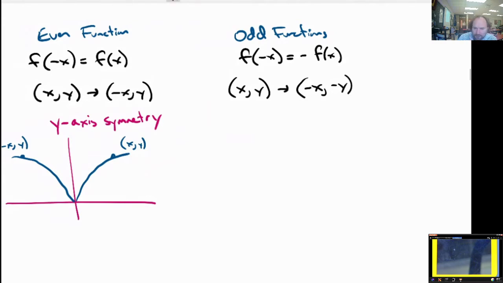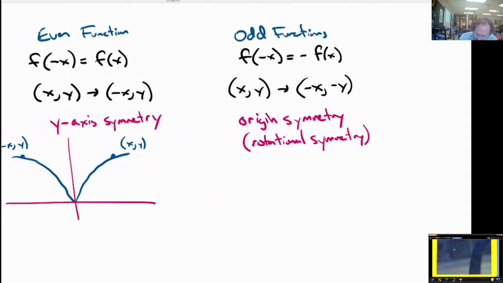Now this does not cause y-axis or x-axis symmetry. It causes what is called origin symmetry, sometimes also known as rotational symmetry, which basically says you can take the graph and rotate it 180 degrees around the origin, and it'll map onto itself.